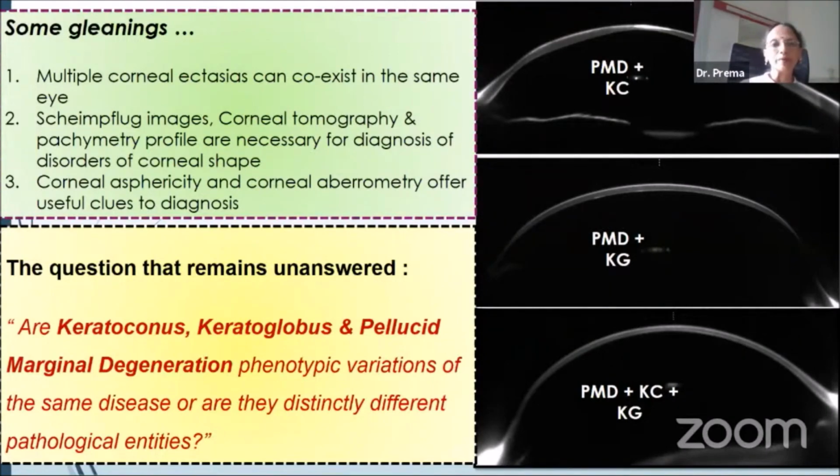And when we do that, we're able to disassemble the complex nature of these corneas. But of course, the question that remains unanswered is whether all 3 are really part of the same broad spectrum of ectasia, or are they phenotypically different diseases or variations of the same? Thank you so much.